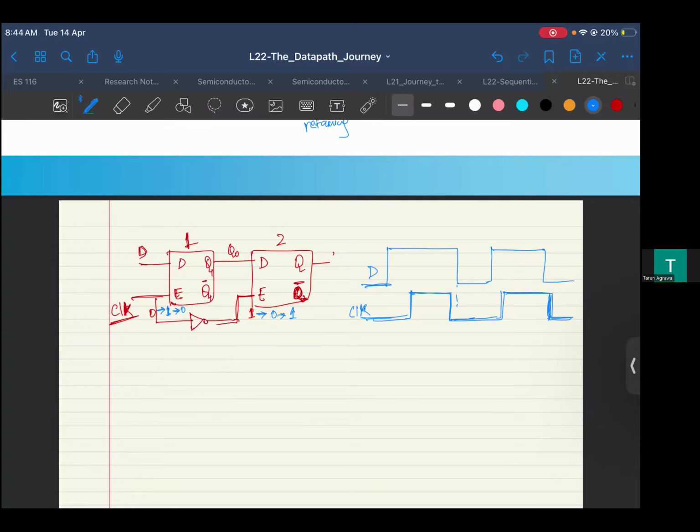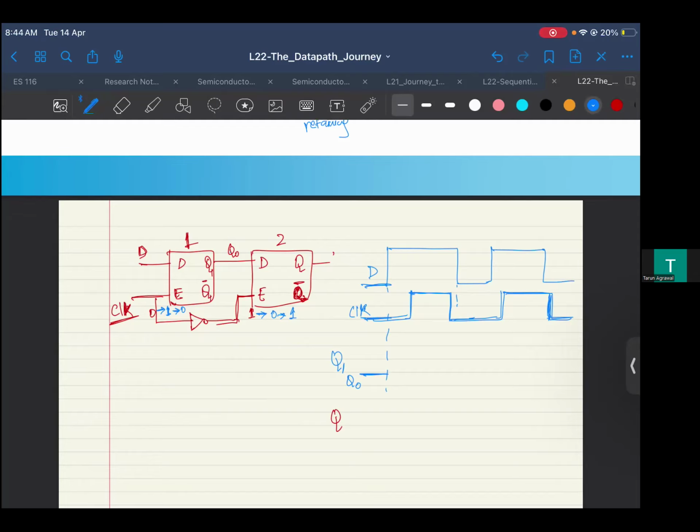This is your D. So we drew Q1, and another output we have to draw is your Q, right? So when we are drawing Q1, we said initially, if we assume this, when clock is 0, it retains. So that means whatever your Q0 was, it would just give you Q0.